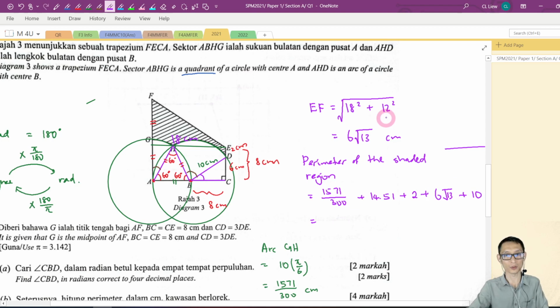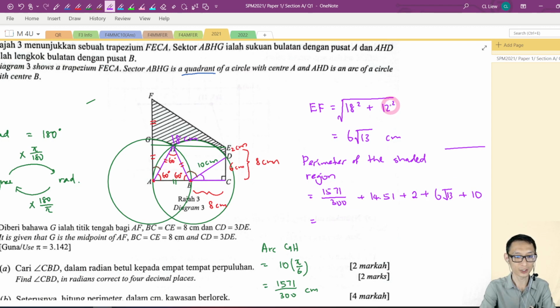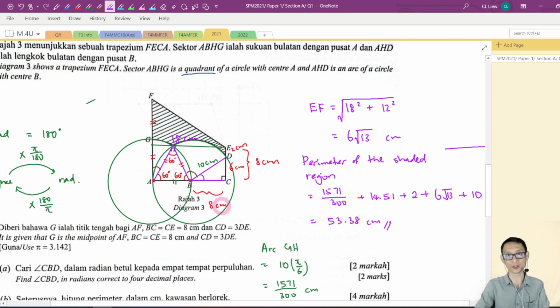Okay, just press our calculator. 1571 over 300 plus 14.51 plus 2 plus 6 times the square root of 13 plus 10. Okay, so the answer is 53.38 centimeters. Okay, this is the answer for this question.